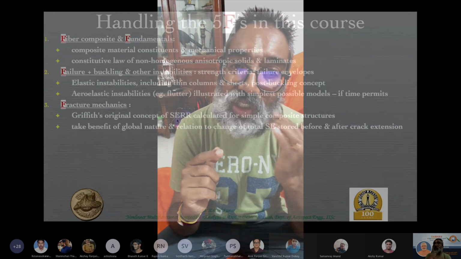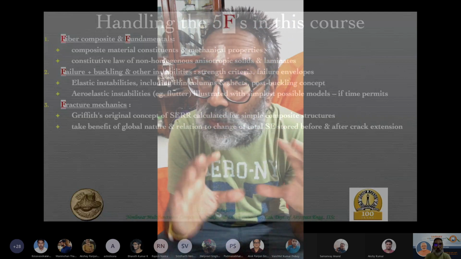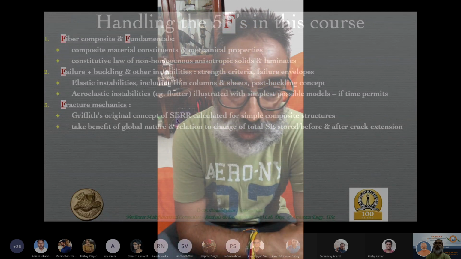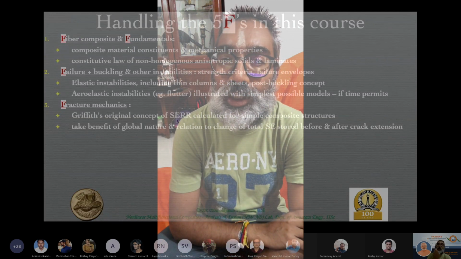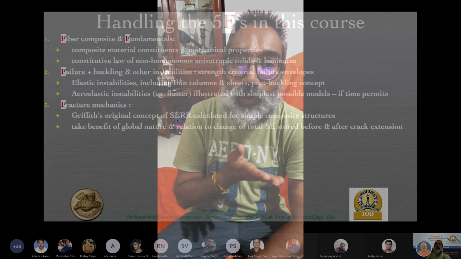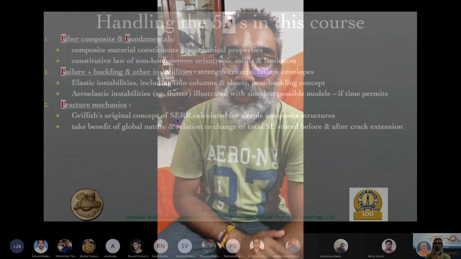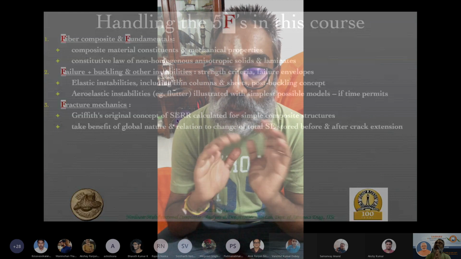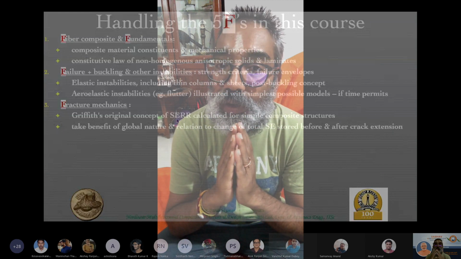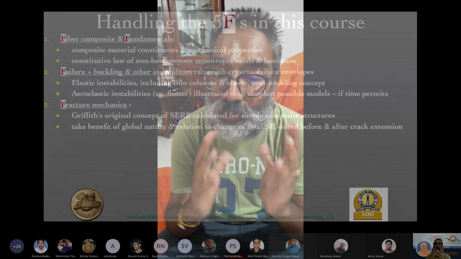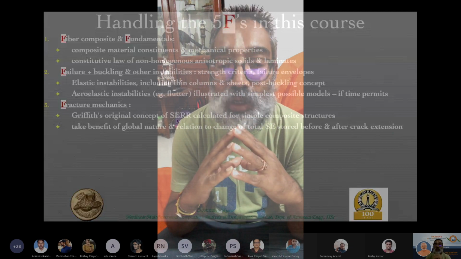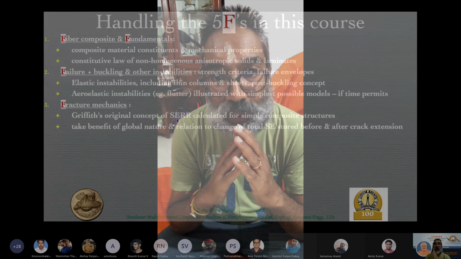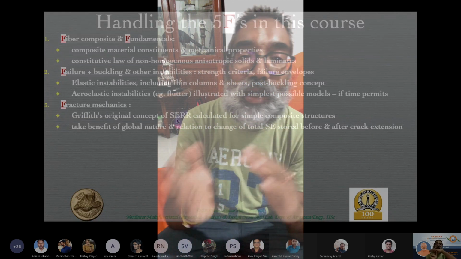There are many other ways of approaching fracture mechanics, like stress intensity factors, etc., which we'll also probably touch upon. But when we try to get a gateway into fracture mechanics through this concept of Griffith and strain energy release rate in particular, then we can take benefit of the global nature of this concept and the relation of this to the change of the total strain energy before and after crack extension.